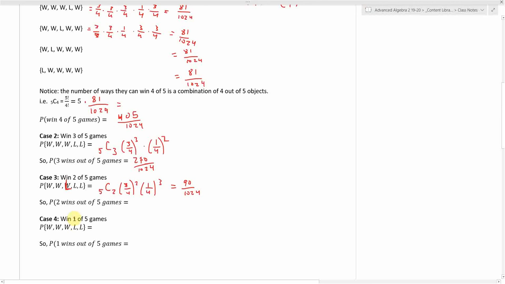Maybe we only want to consider what if they're going to win only 1 game. So again, change these W's to L's. Well, again, we have 5 games, and we're choosing 1, only going to win 1. And we want to multiply it by the probability of winning, but they're only going to do that once. And the probability of losing, which they're going to do 4 times, and that comes out to be 15 over 1024.